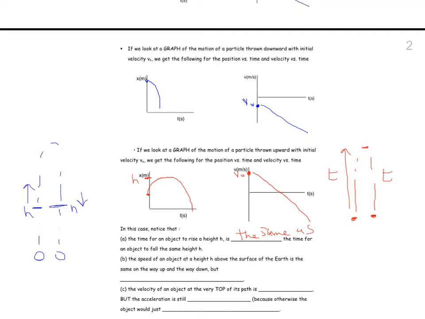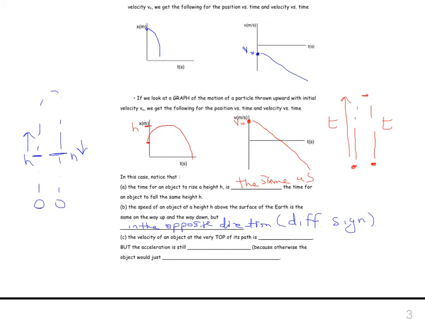The difference is that it will be moving in the opposite direction, and since it's moving in the opposite direction, it also has a different sign. Positive, negative, or otherwise.